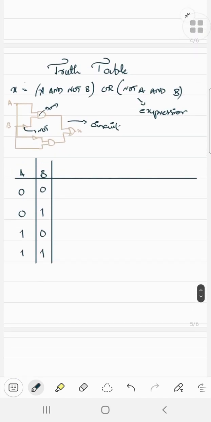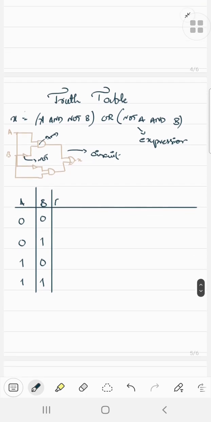So doing the inverse of B means you'll write all the values oppositely. Okay, now and means you will multiply, and not means inverse.